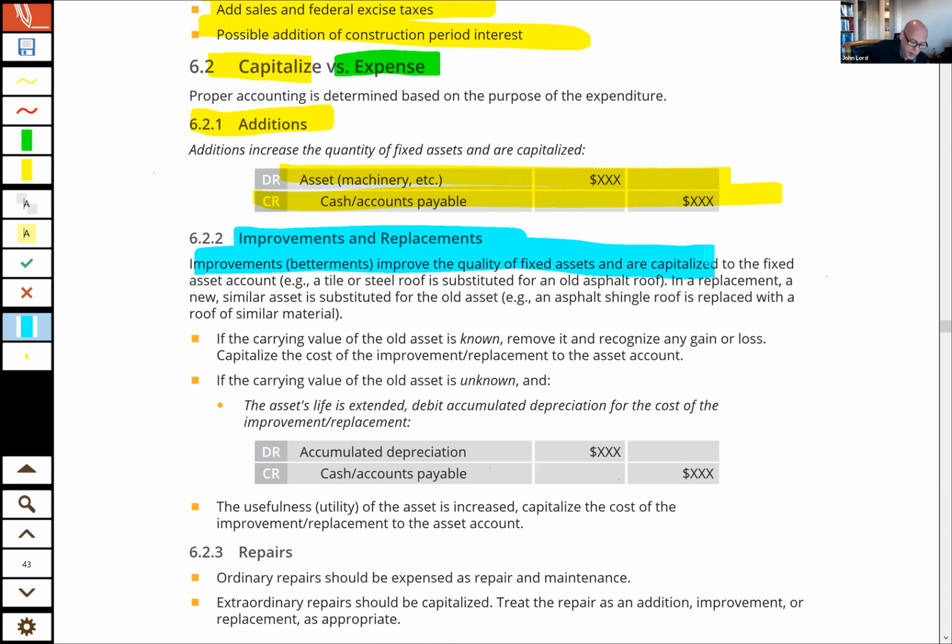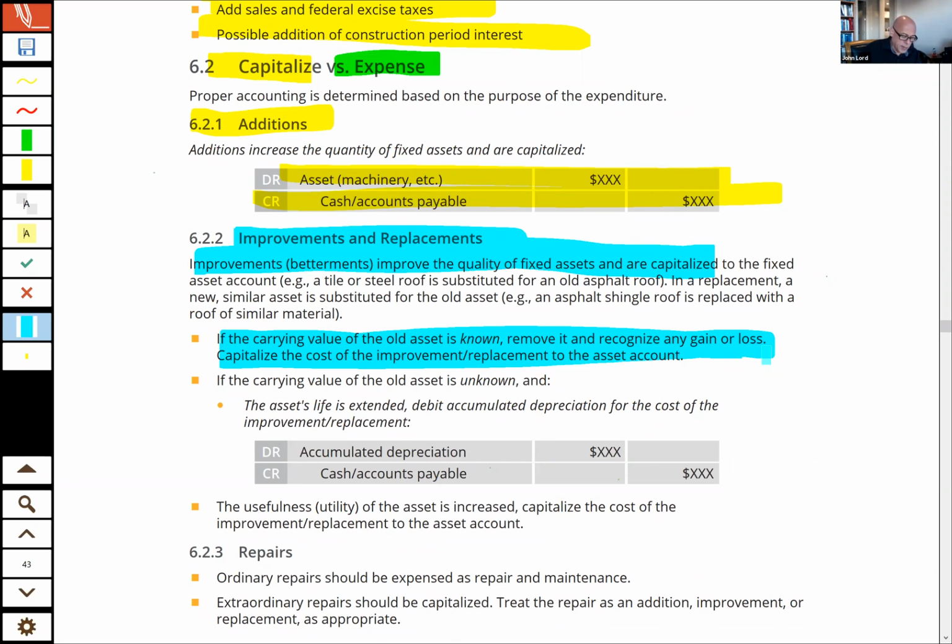Now in an improvement or a replacement, if the carrying value of the old asset is known, remove it, recognize any gain or loss, and then record. In that case, I guess it's not an improvement, it's a replacement, and then capitalize the cost of that improvement or replacement.